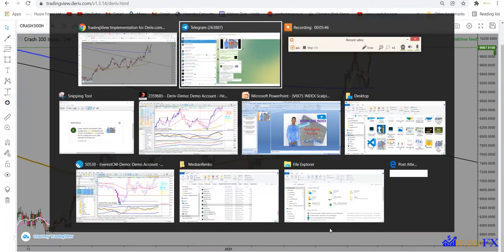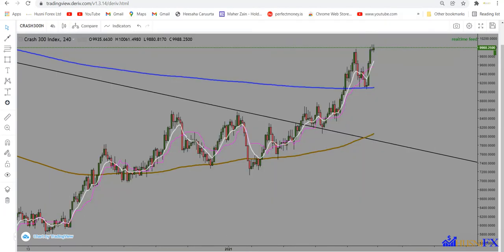You can see here is where the market has broken. Look at what happened at the zone. So we are filtering out what we have seen on the daily time frame. Look at this.